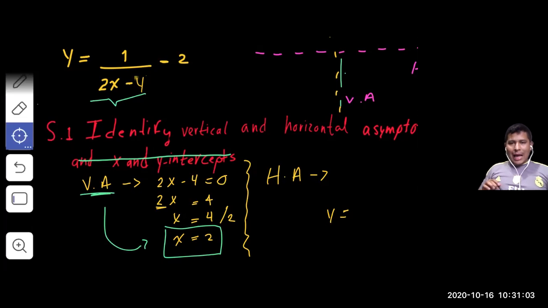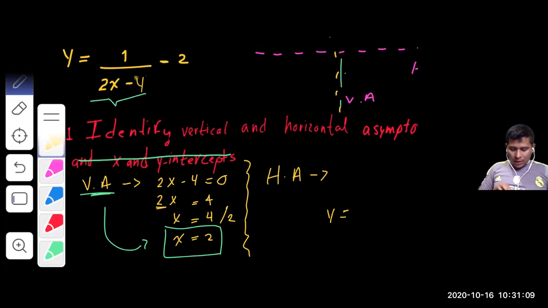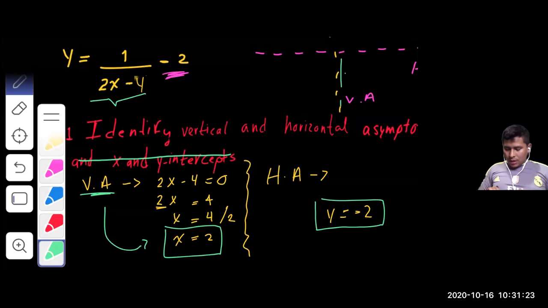What is the horizontal asymptote? I think it's this value, right? I told you, the constant term here that you got is going to be your horizontal asymptote. And what is the value? It's negative 2. y equals negative 2. That value, guys, is going to be your horizontal asymptote. We got this information and we're ready to continue.